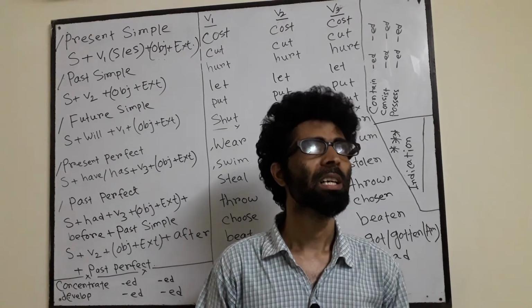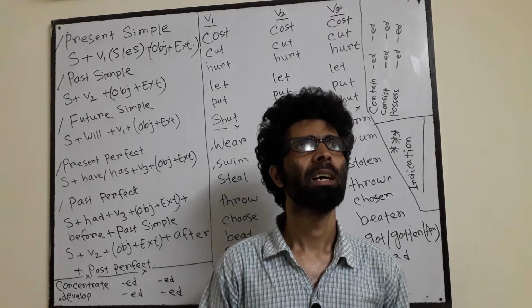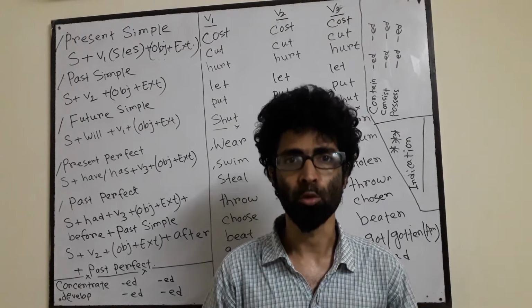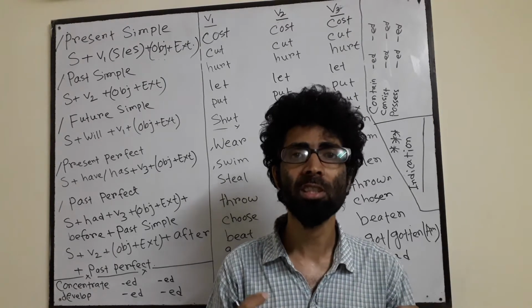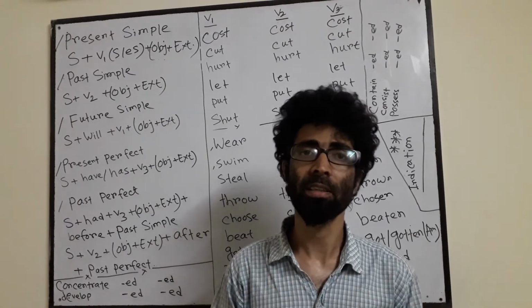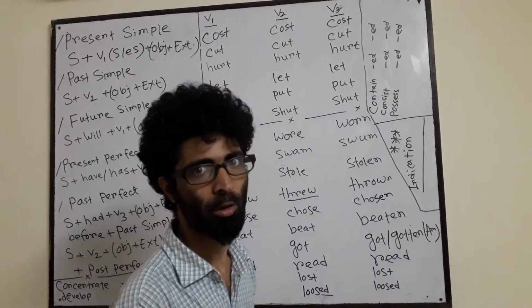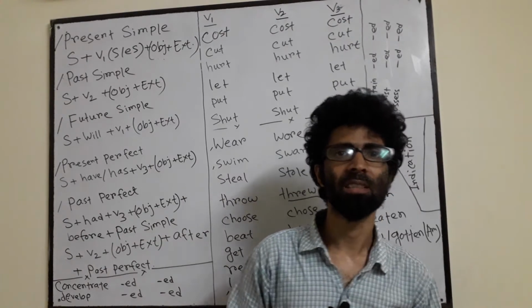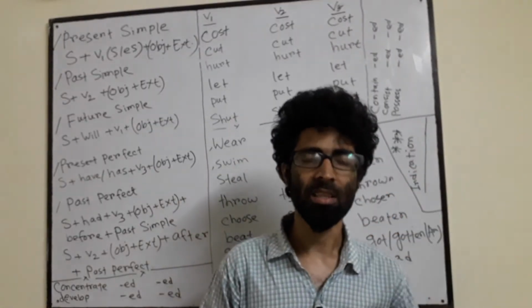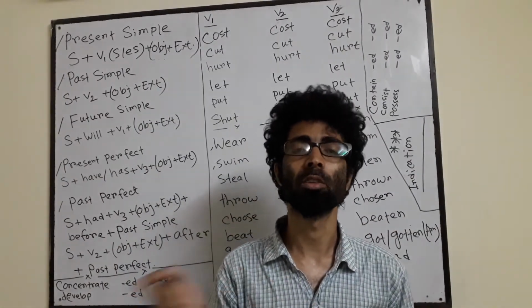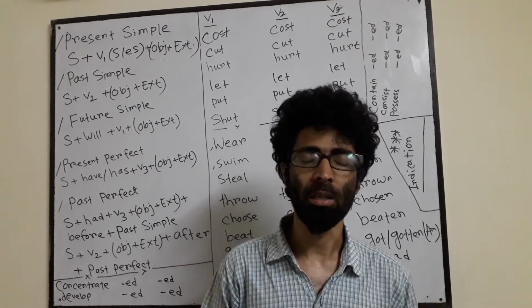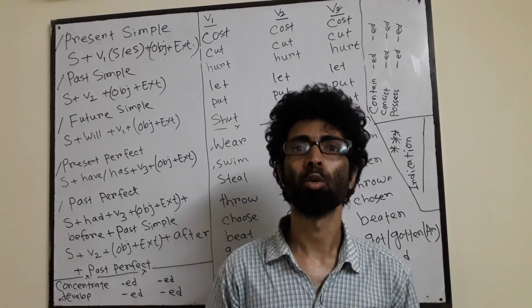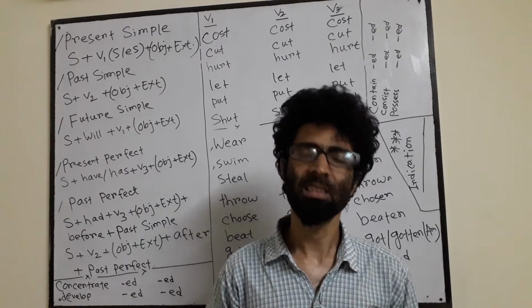When we see something is a universal truth, or something is a historical truth, that time we use present simple. And the indication generally in the sentence: sometimes we can see uses of normally, usually, sometimes, often, all times, etc.